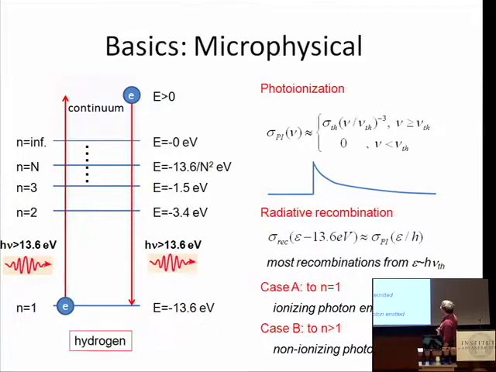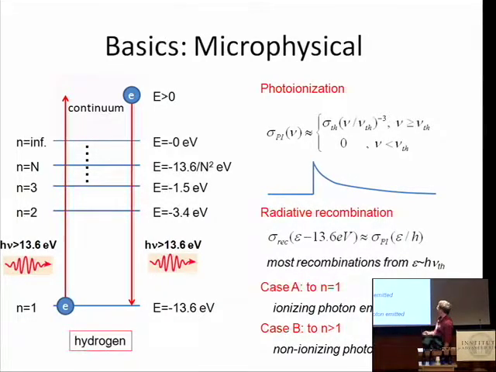In other words, most of the recombinations occur from electrons whose energies are just slightly above the threshold. And what that means is that if you have a radiation spectrum that includes hard radiation, the hard radiation gives the electrons lots of kinetic energy, but most of the recombinations are occurring near threshold, and you get a net heating out of this.